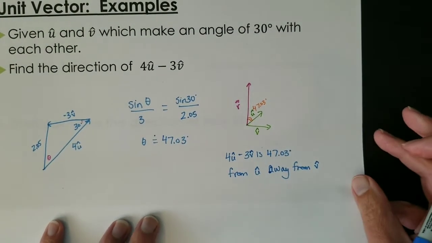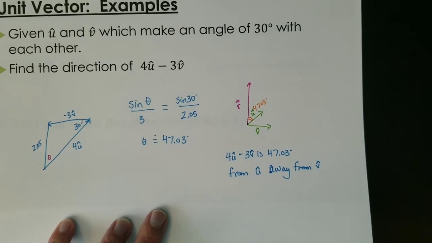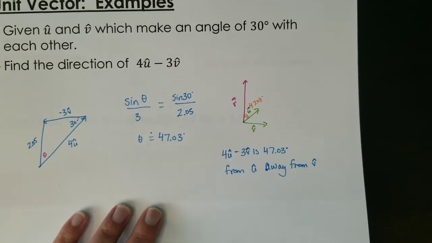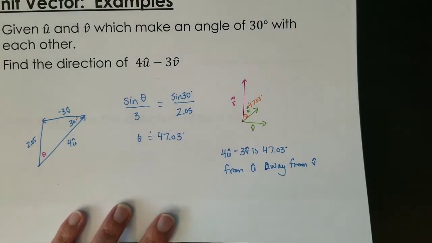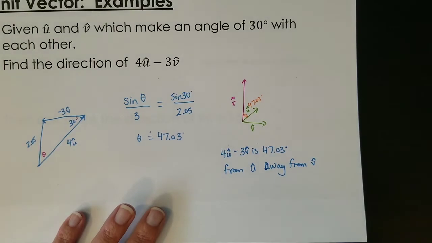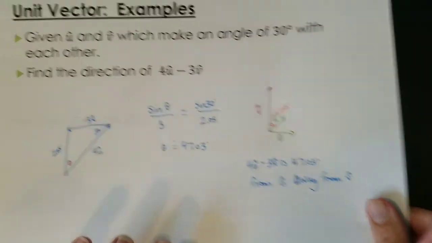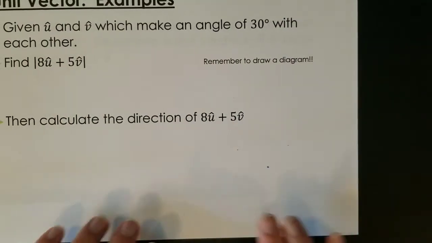Now because the vectors don't actually have a specific location, we could have drawn this a million different ways. Those u and v could have pointed in any direction, but we know that the resultant will be 47 degrees from the u moving away from vector v, wherever the u and v are oriented.